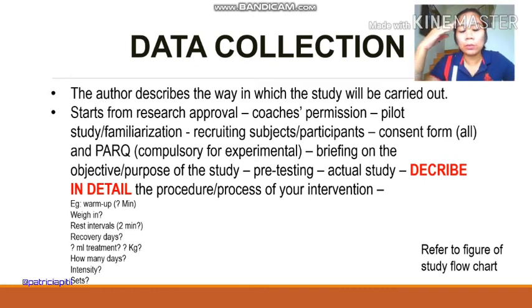Then how you recruit participants, consent form giving, briefing and everything, up to the data analysis. How you embark on the journey of data collection is very important, because we need to know the process in detail, and that you are not missing out any important steps in the data collection.